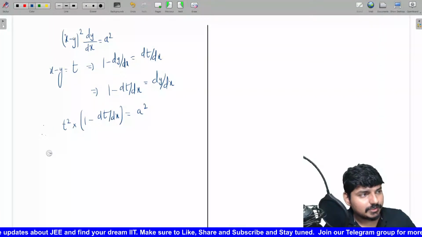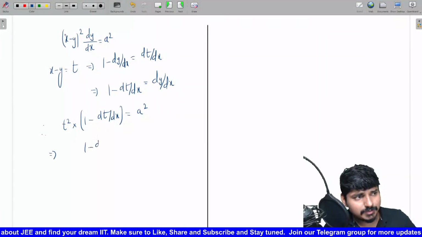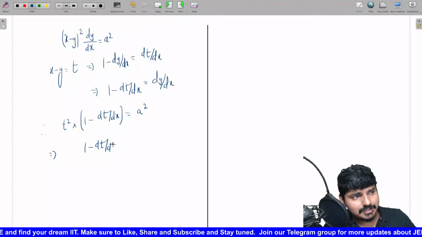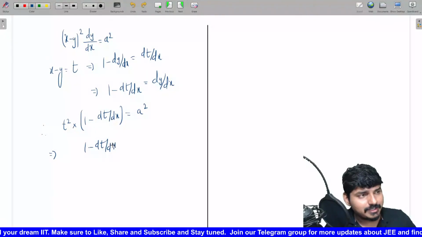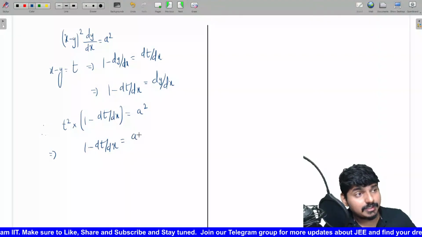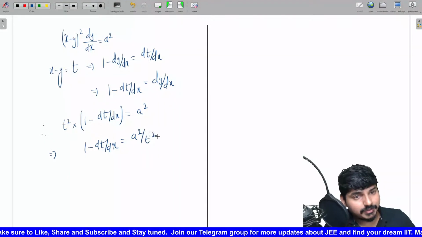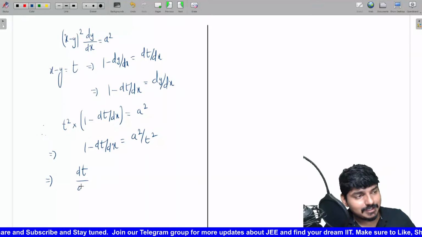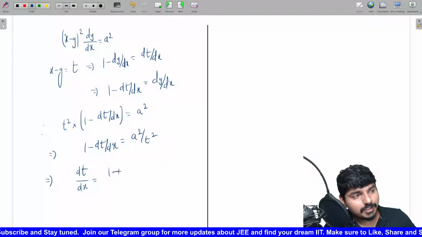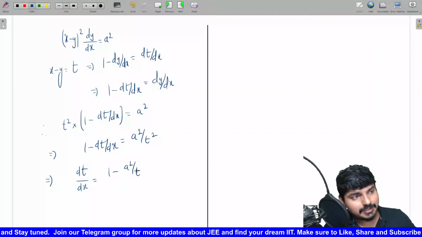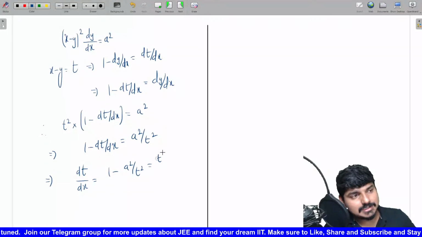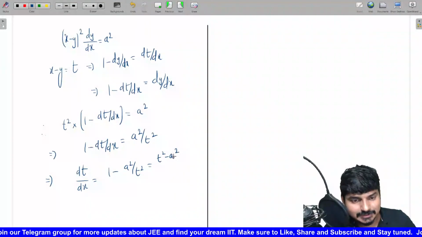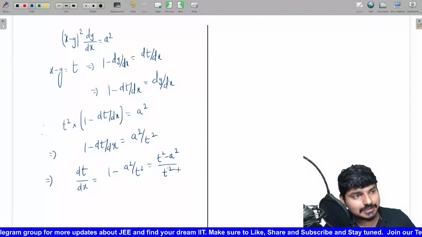So from here I can write 1 minus dt by dx equal to a square by t square, and you can also write dt by dx is equal to 1 minus a square by t square, or t square minus a square divided by t square.